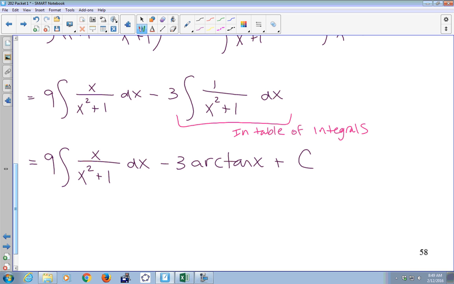All right, now the one on the left, the integral of x over x squared plus 1, is not that much more complicated. But it's going to require a more sophisticated technique.